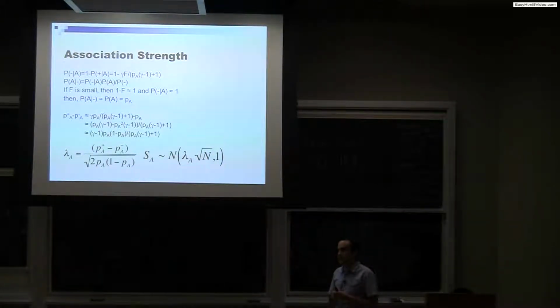But let's say I have 200 individuals that have the SNP, not in this room, just 200 individuals that have the SNP. Let's say 40% of them have the disease. How many of them don't have the disease? 60% of them, right?